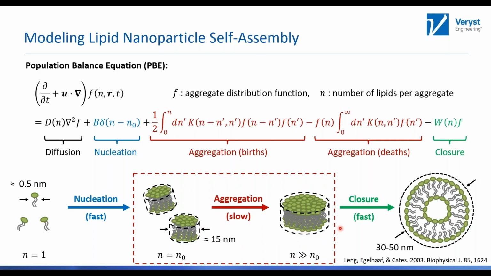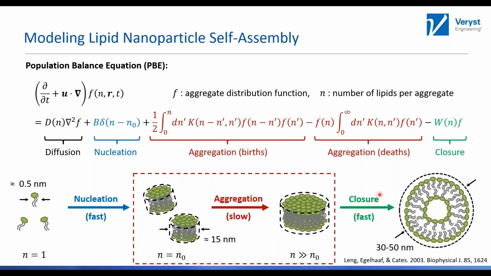Once these aggregates become large enough, eventually the energy required to bend a large disc-like aggregate into a closed vesicle becomes slight enough to overcome the line energy penalty for it being non-closed. And so that process is actually relatively rapid, and it results in sometimes a very broad size distribution.